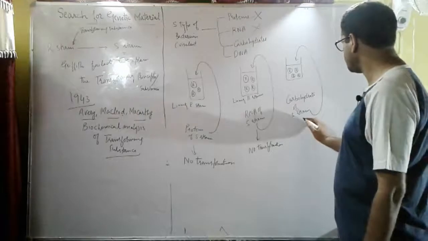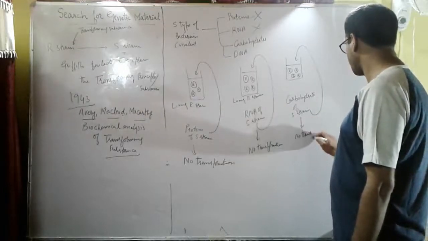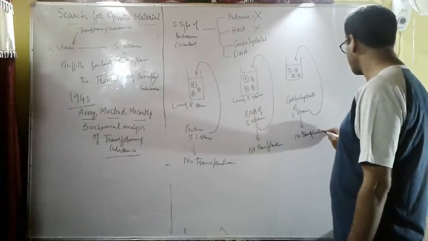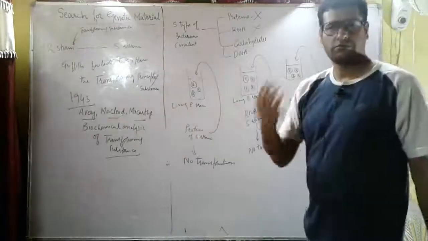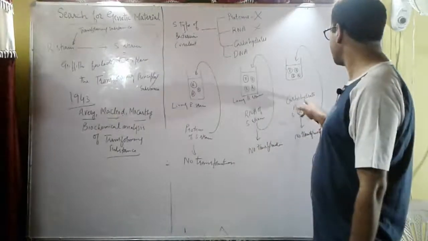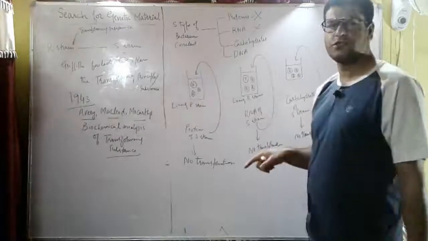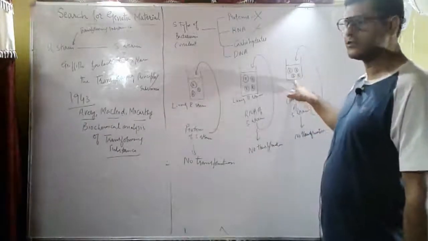What did they find? They found no transformation. That means the R strain has not changed into the S strain when the carbohydrate of the S strain was added to the culture medium containing the live R strain bacterium.